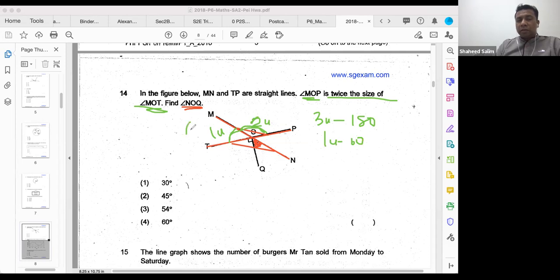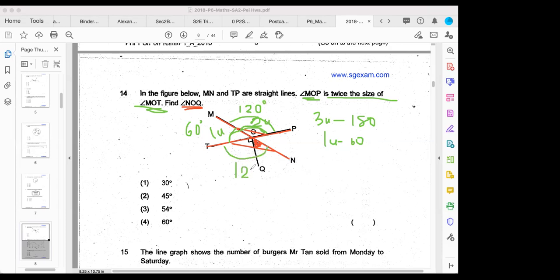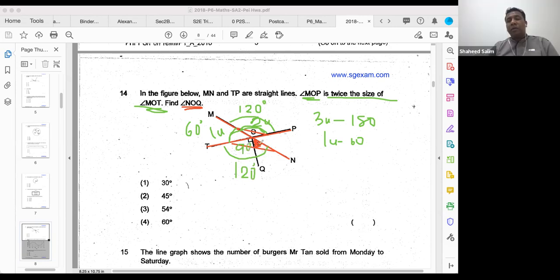So this down here is 60 degrees, you know. Down here is 120 degrees. So from here to here is also 120 degrees. Now, this is 90 degrees. You minus 120 minus 90, you get 30 down here. You get it? Do you understand?